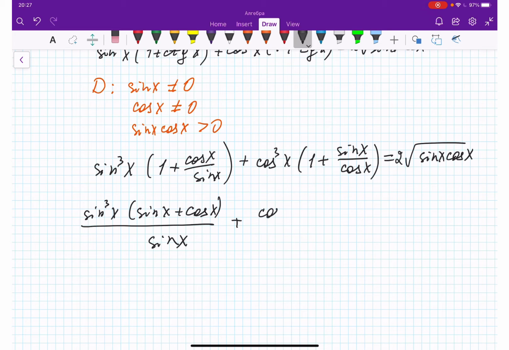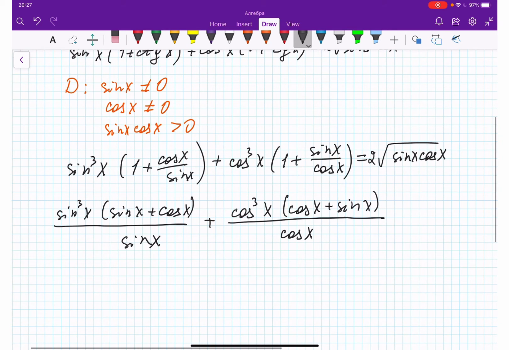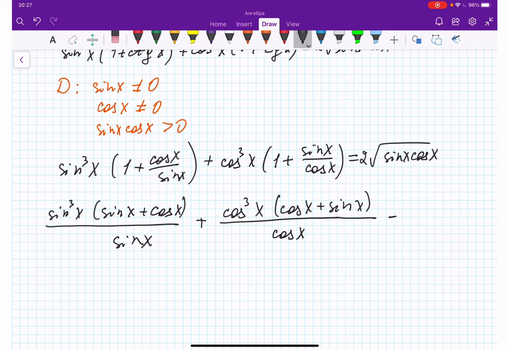Plus cosine cubed x, where the denominator is cosine x, so here we have cosine x plus sine x. And this square root term I'm bringing to the left part of the equation: minus 2 square root of sine x cosine x equals 0.